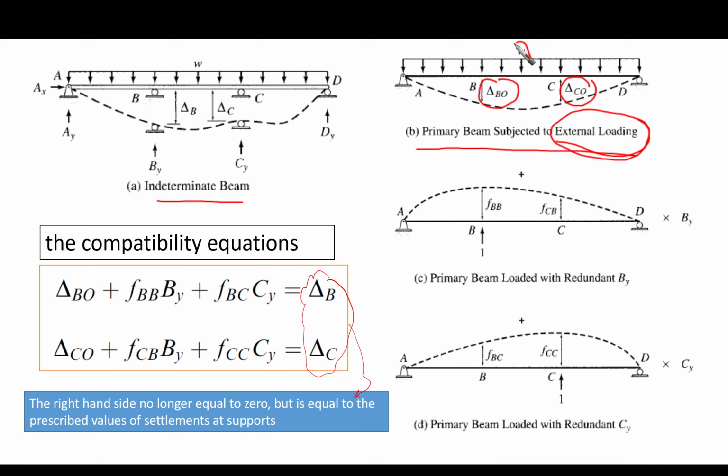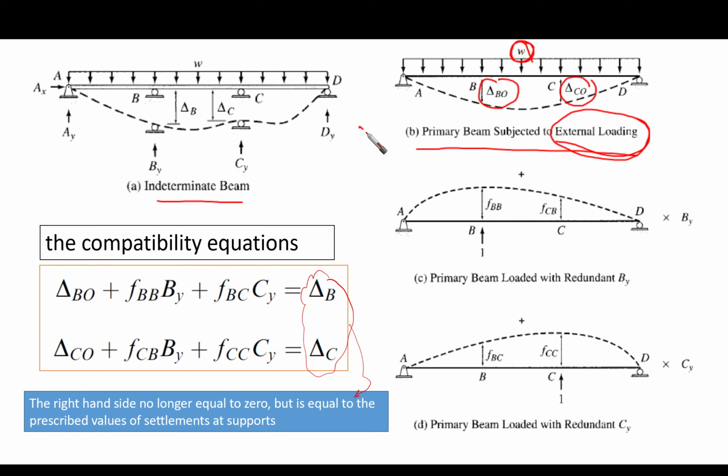So we have only our external loading here, which is W, the distributed load. After the removal of the restraint at point B and point C, we are going to find that there is a kind of displacement due to the original load. So we're going to say that this is delta B node.